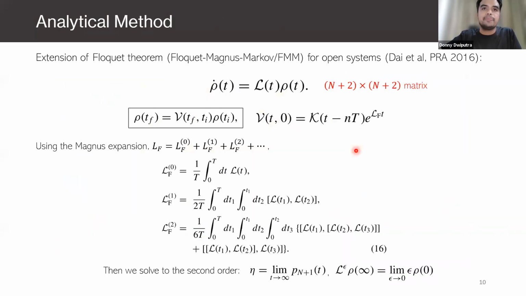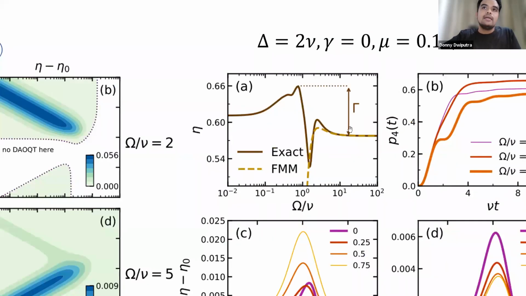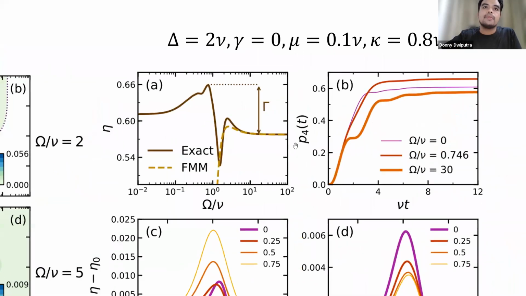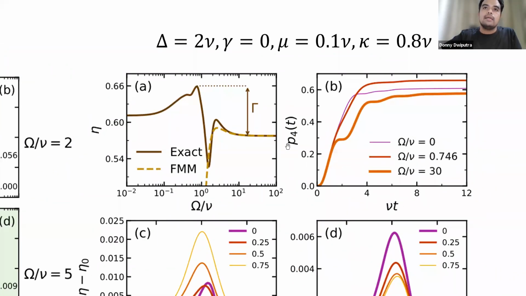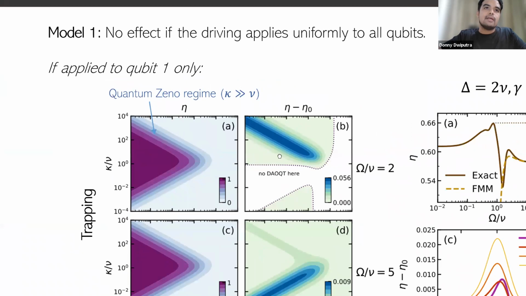So here we got the result for model 1, the on-site driving, where we have an efficiency gain of about 6 to 8%, and in a quantum Zeno regime it will vanish.